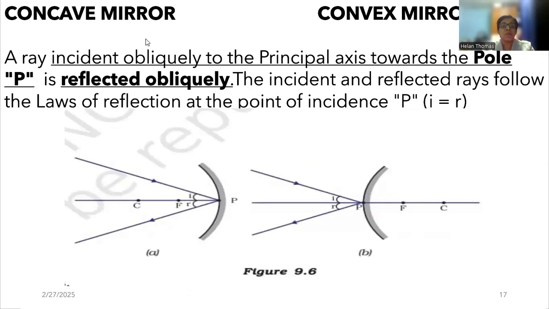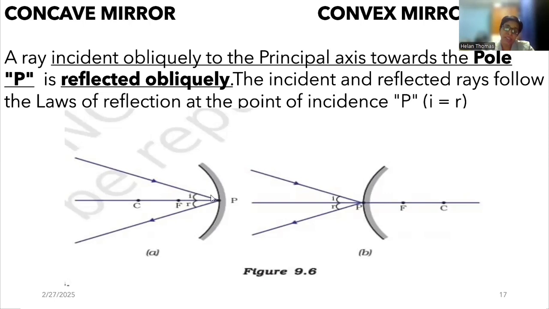Then a ray which is incident obliquely to the principal axis towards the pole. Obliquely means it will fall at an angle. See, here is the pole, and the ray is falling towards the pole at an angle. So what happens? It is reflected obliquely, following the law of reflection.